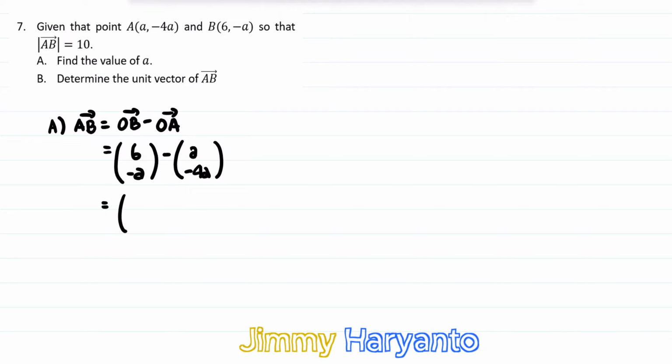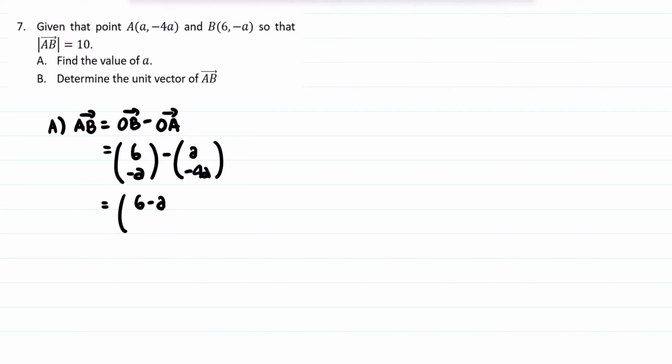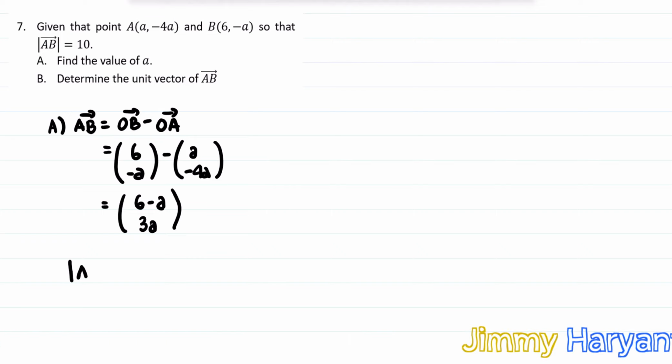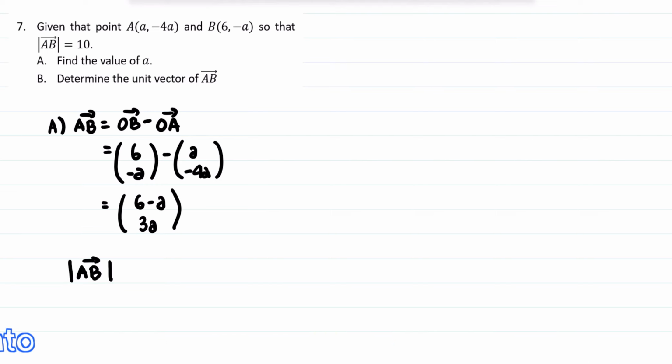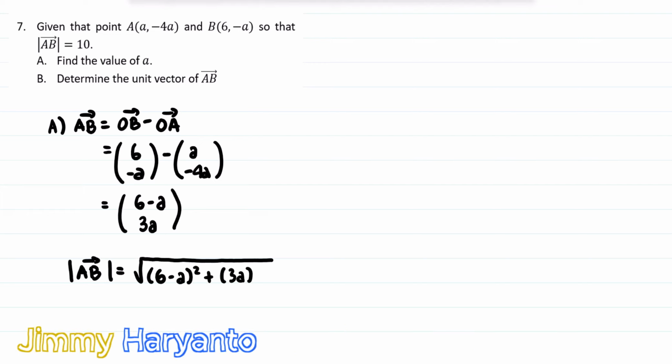Let's simplify this first. So you have 6 minus A, and that one is 3A. Okay, and then let's find the magnitude of AB. The magnitude of AB will be the square root of (6 minus A) squared plus (3A) squared.